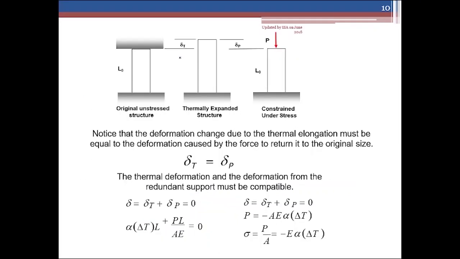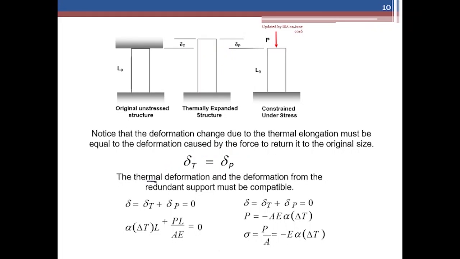Notice that the deformation due to the thermal elongation here must be equal to the deformation caused by the force to return it to the original size over here. So the deformation that occurs by the temperature change is equal to the deformation produced by the force given to make it return to its original state.